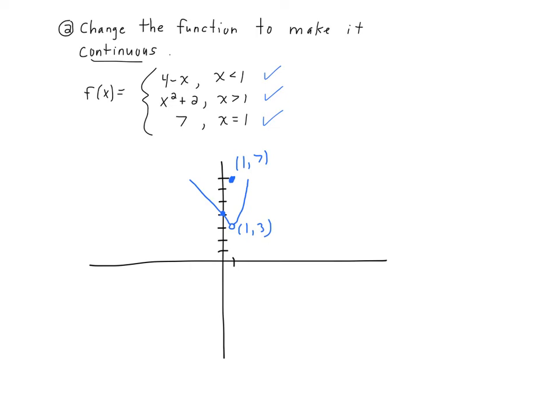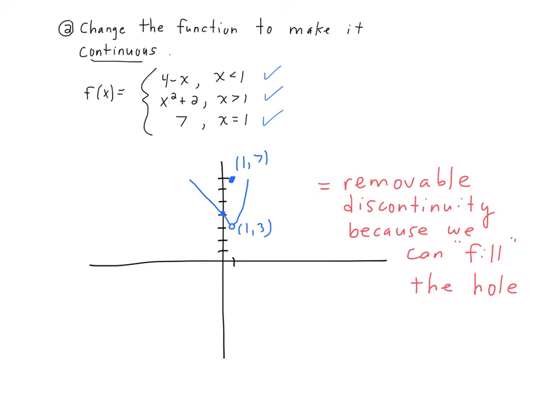Now make note that this is a removable discontinuity. So this is a removable discontinuity because we can think of it as fill that hole. So in other words, if I were to change this 7 to a 3, then this point up here would come down, it would fill that hole, and therefore make it continuous.